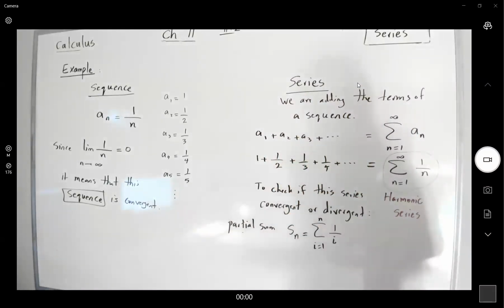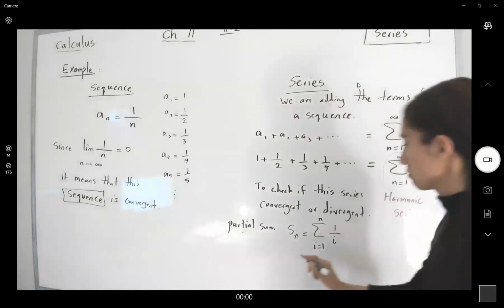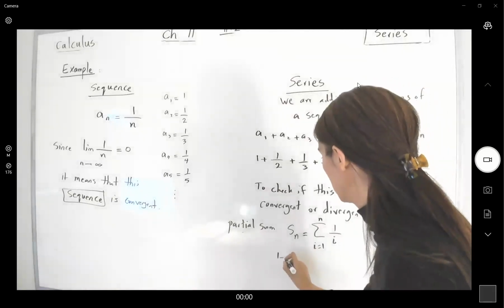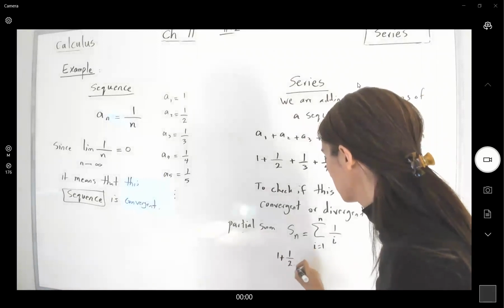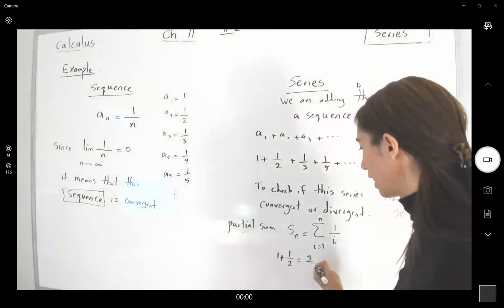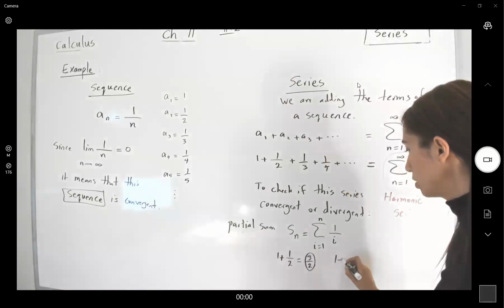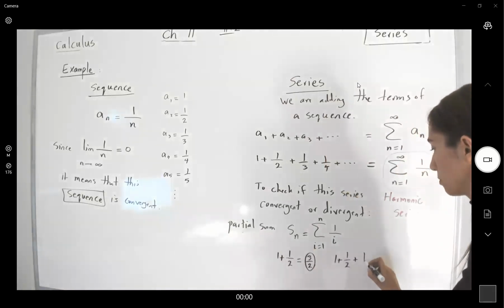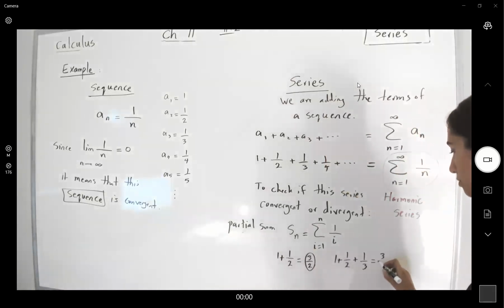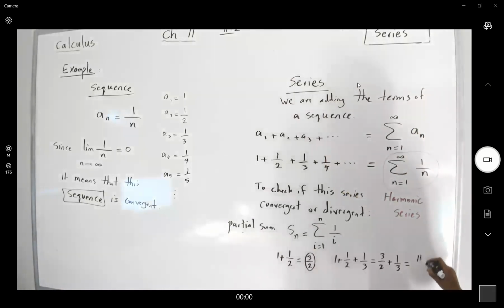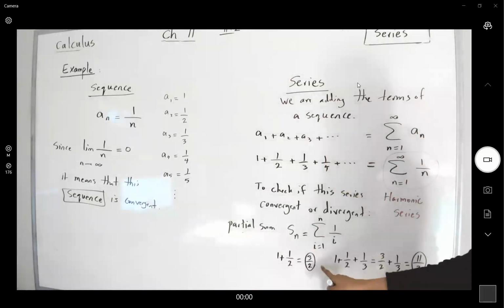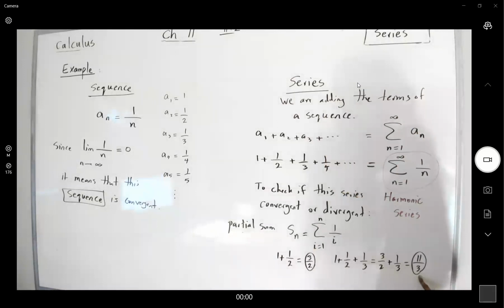Just take the first n terms, add them together. 1 plus a half is 3 halves. 1 plus a half plus a third is 3 halves plus a third, which is equal to 11 over 6. Okay, 3 halves is less than 11 over 6. You can continue this process.